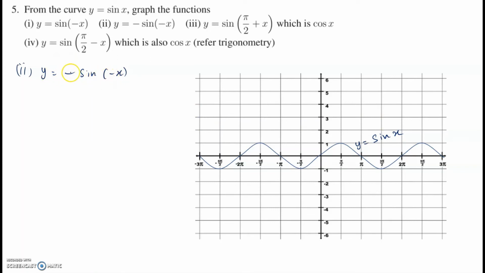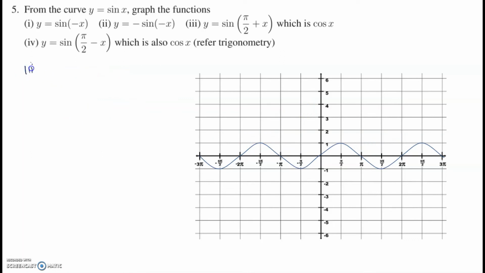So it's an inverse of the inverse, which is nothing but minus of minus sine x, which is sine x. Therefore this function is the same as the given original function. So this is also minus sine of minus x.